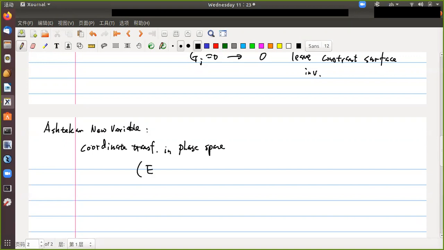So what is this coordinate transformation? From the canonical variables K_I^a and E, you transform to another variable. E is going to be preserved, but you introduce another variable A_i^a. I'm going to give you a formula for this A. This A is linearly dependent on K, so the transformation between K and A is linear, but it has another term, which I call gamma. I will explain what it is.